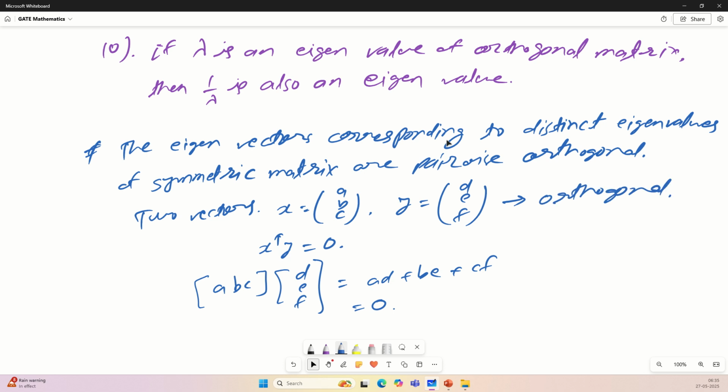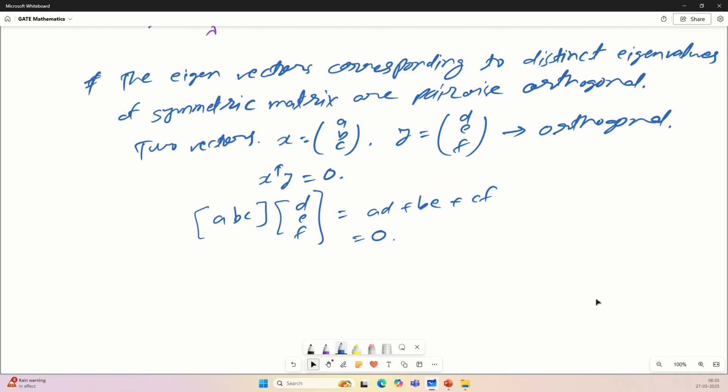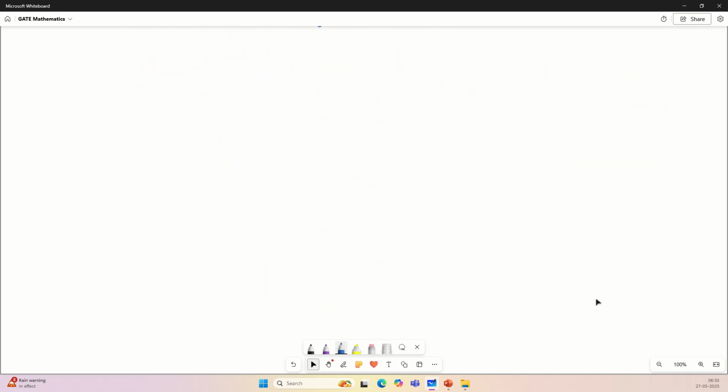And if the matrix was a symmetric matrix, then the eigenvectors will definitely be orthogonal to each other. Okay. So for example, if you want to find out, let us say we have one element like this, 1 1 0, and another element is -1 1 2.